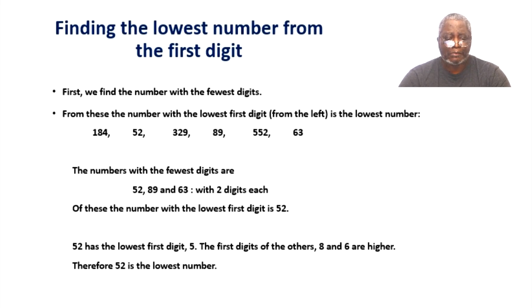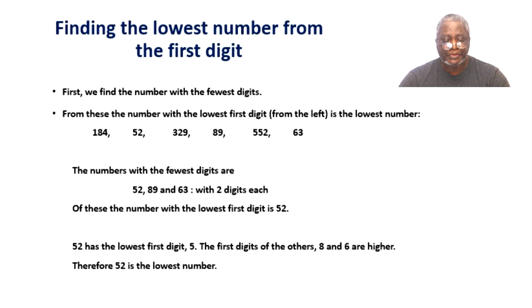Let's find the lowest number from the following. How do we do it? First, we find the number with the fewest digits. From these, the number with the lowest first digit from the left is the lowest number. Let's compare them. You have 184, 52, 329, 89, 552, and 63.